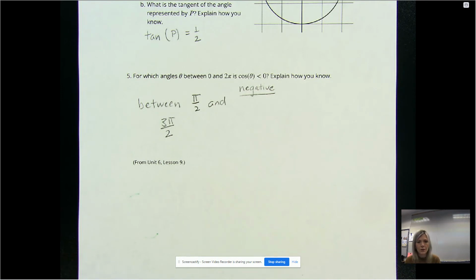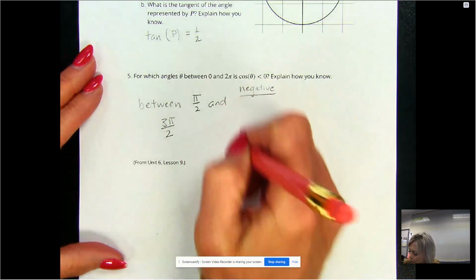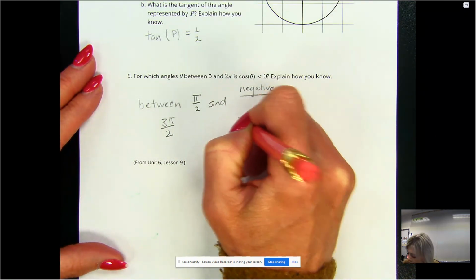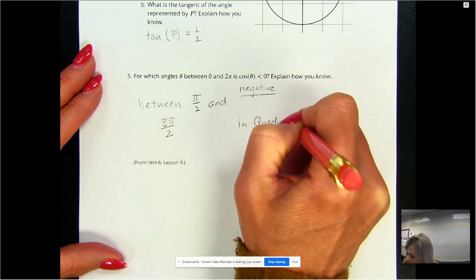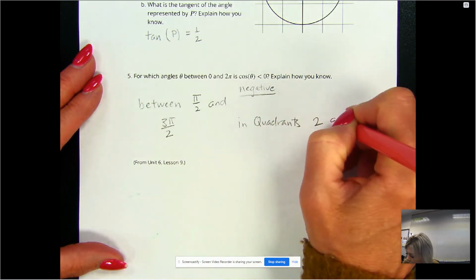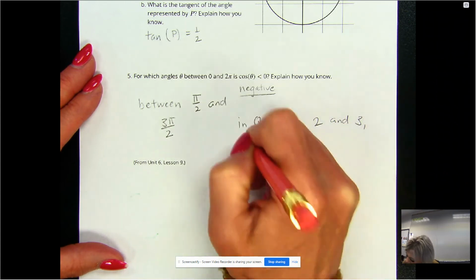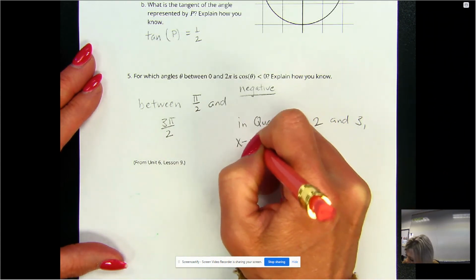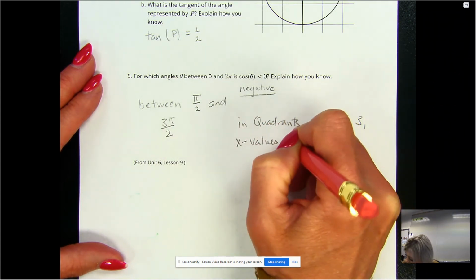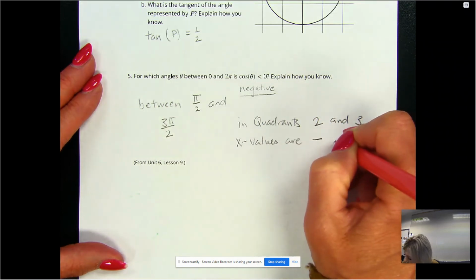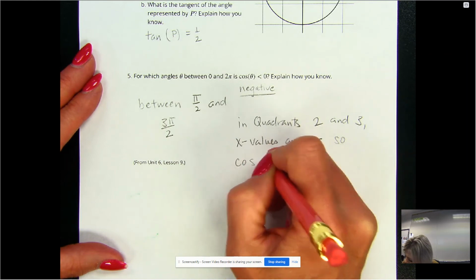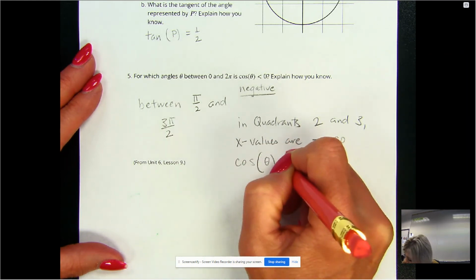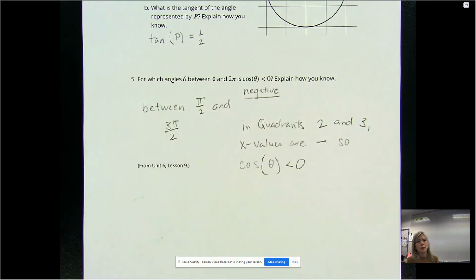And I would just say something about how in quadrants 2 and 3, x values are negative, so cosine of theta would be less than 0, because that's what it means to be less than 0, to be negative.